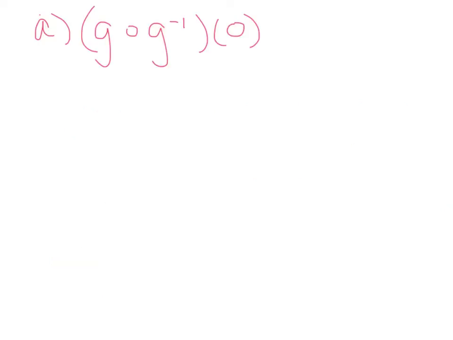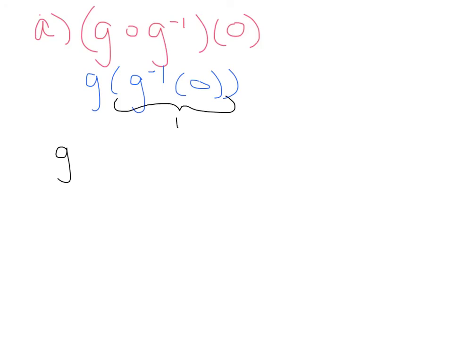Now that we found the inverse, we can go ahead and start to solve for the composition. So we have g negative 1 of 0. Remember, first thing we do is plug 0 into the inverse first. So g to the negative 1 of 0 gives me 4 divided by 0 minus 2.